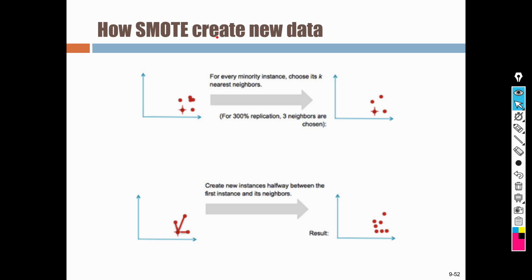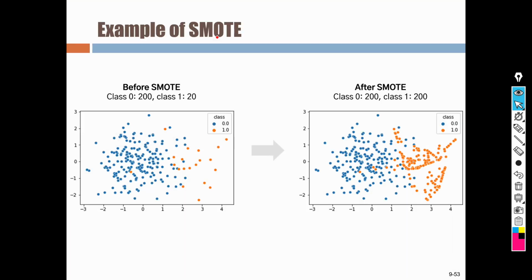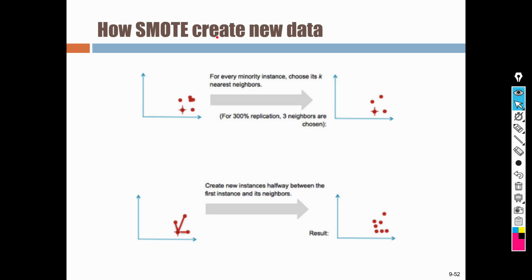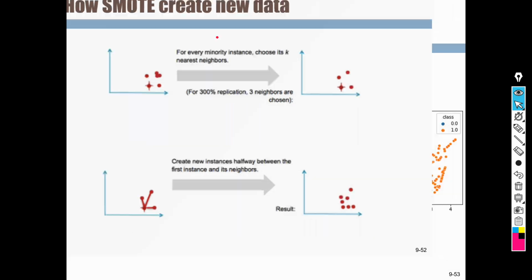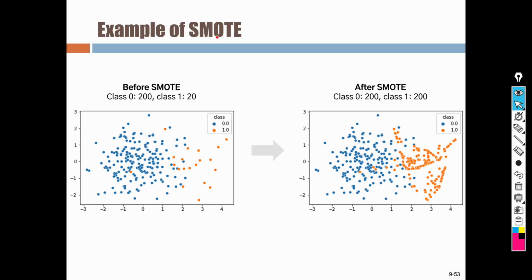We choose a certain number of neighbors from the minority data, and then you can just select the middle point, and you created some fake data, and that's how you created oversampling.